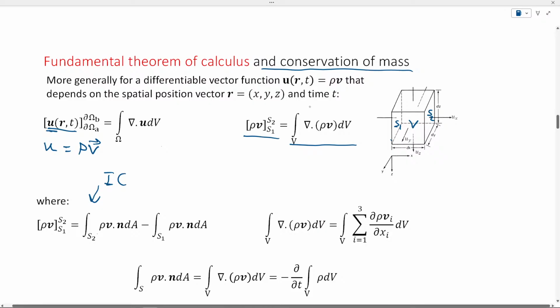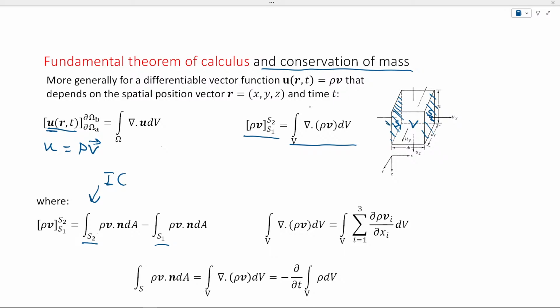So basically this would be S2 minus S1, and I will be integrating through this surface area. This surface area here is my S2, and that is my S1 here.